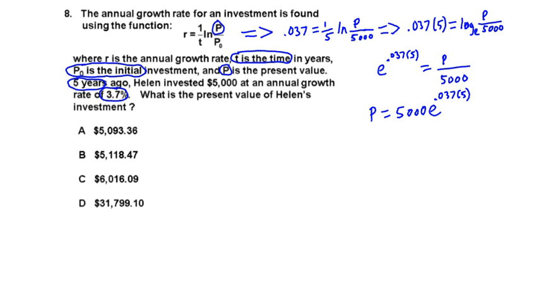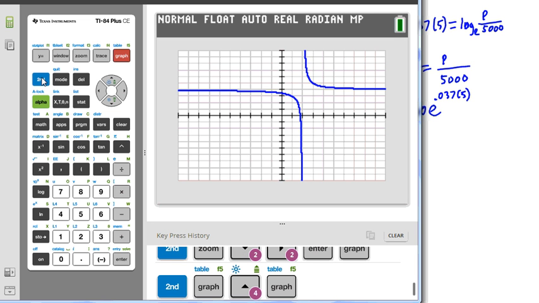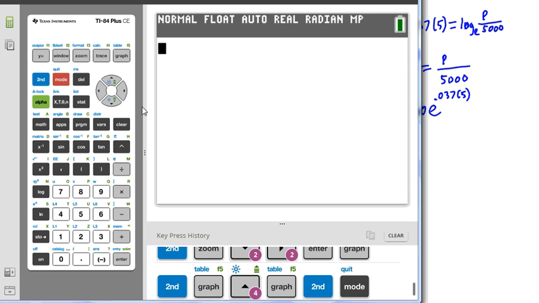So let's go work that out in the calculator. Yeah, we do need a calculator for this anyway. We have our TI-84 CE calculator.